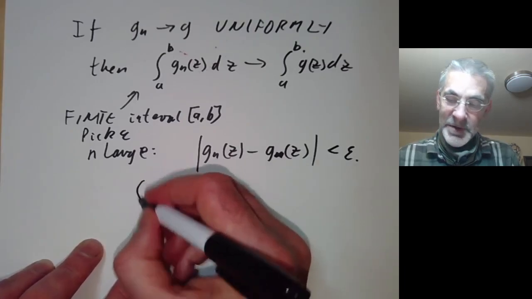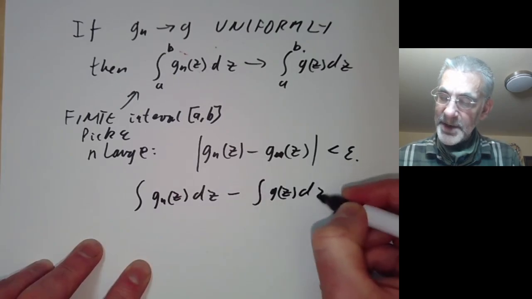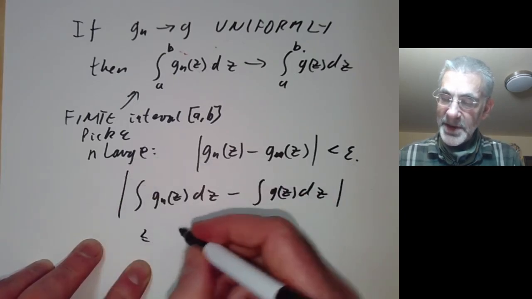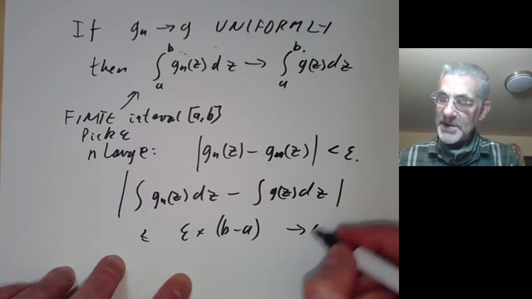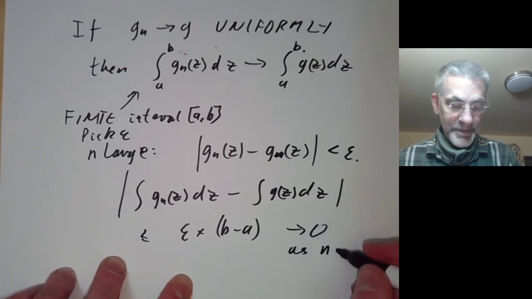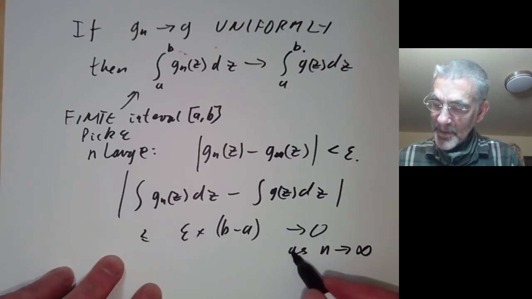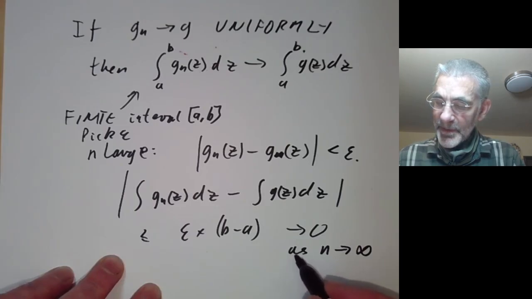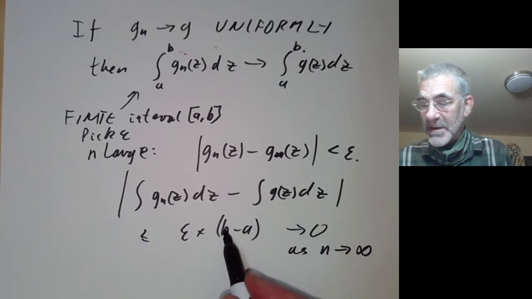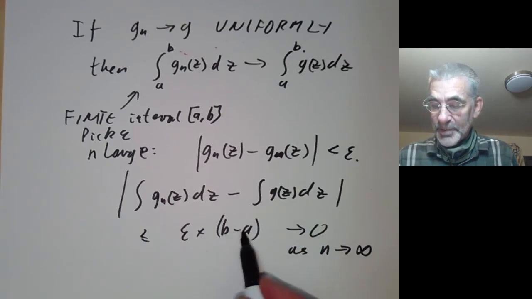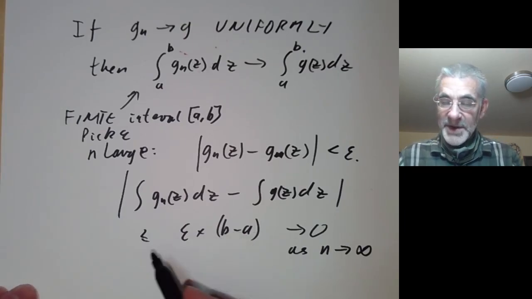And this means that the integral of Gn(z) dz minus the integral of G(z) dz has absolute value at most epsilon times the distance from b to a, and this tends to 0 as n tends to infinity. Notice we need the interval b minus a to be finite. If the interval from b to a is infinite, then this fails.